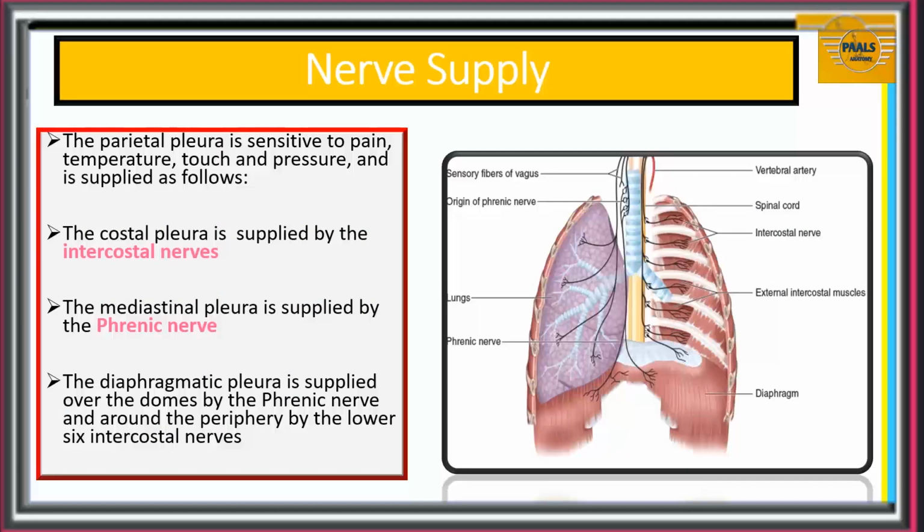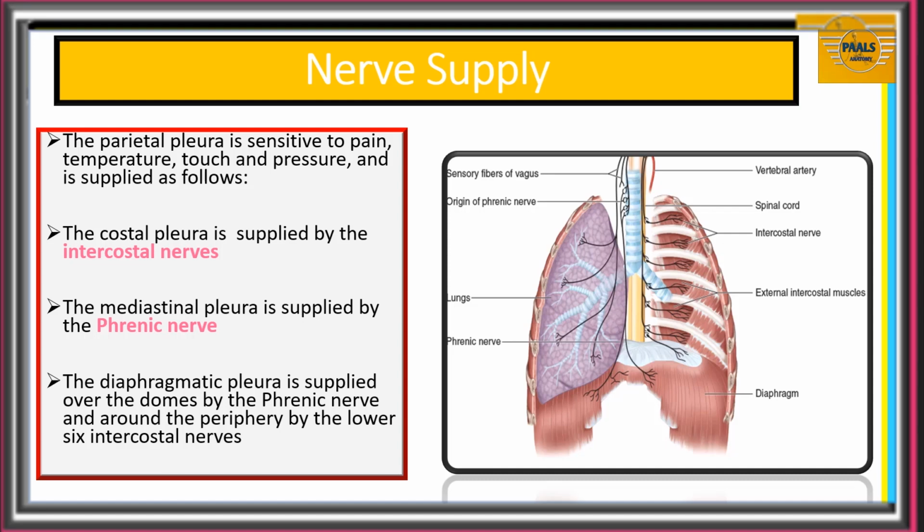We'll consider the nerve supply. As we noted in the first part of this lecture, the parietal pleura is sensitive to pain, temperature, touch, and pressure, and as a result is supplied by the somatic nerves, which are the intercostal nerves and the phrenic nerves. Now the costal pleura is supplied by the intercostal nerves.